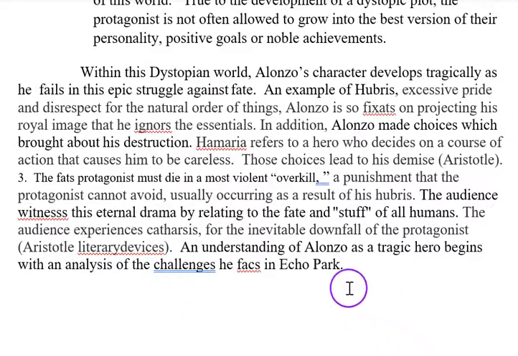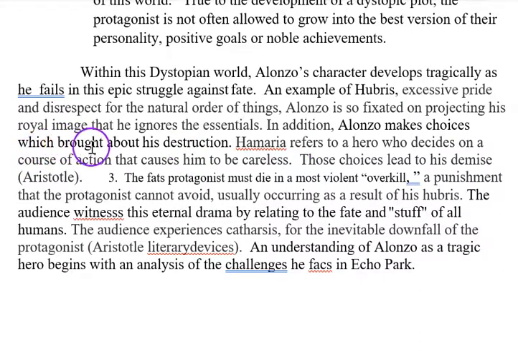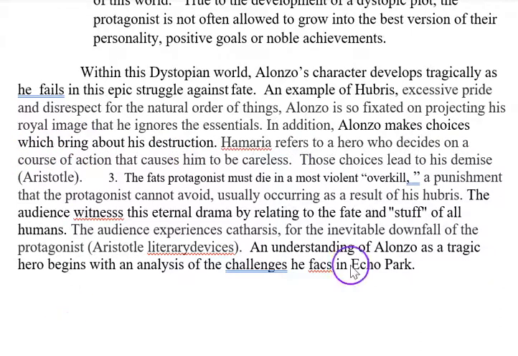And Alonzo is going to remember the 3 big points of our essay. Excessive pride and disrespect for the natural order of things. Alonzo is so fixated on projecting his royal image that he ignores the essentials. In addition, Alonzo makes choices which bring about his destruction.